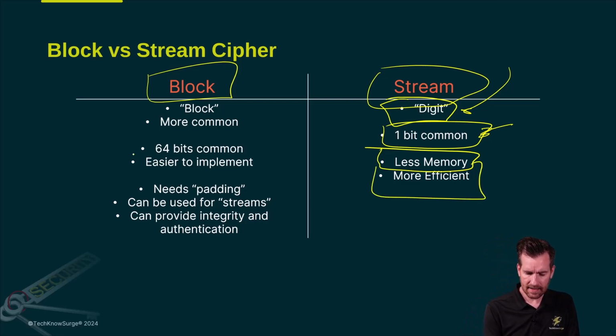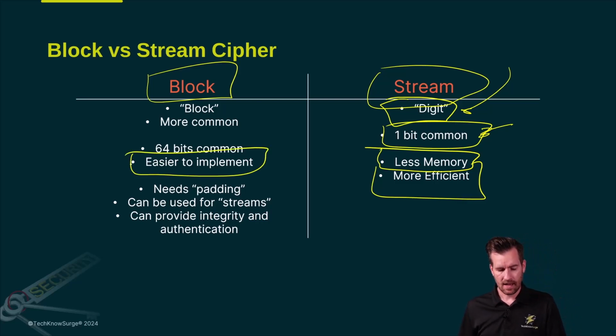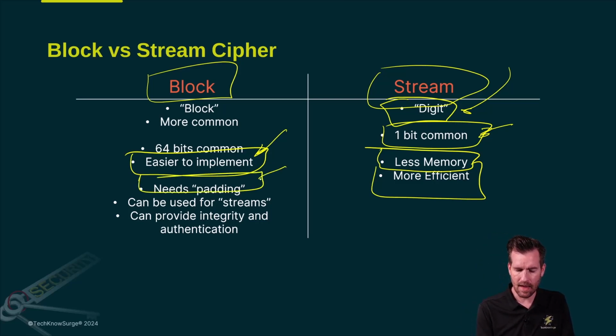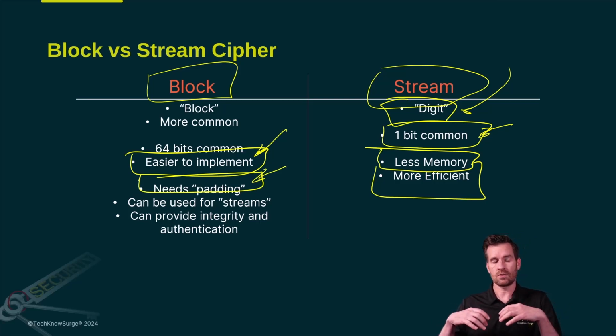Versus block can be easier to implement. One thing about block is that if you have 32 bits and it's like DES, which does things in blocks of 64 bits, then it's going to need to add some padding. It's going to need to fill in those blanks before it encrypts that data.